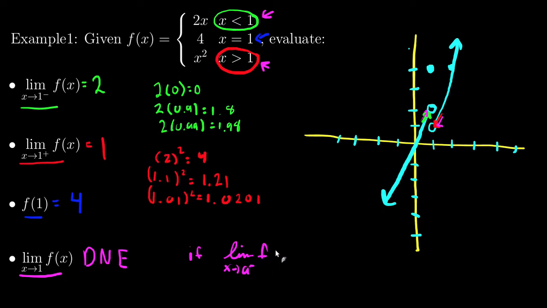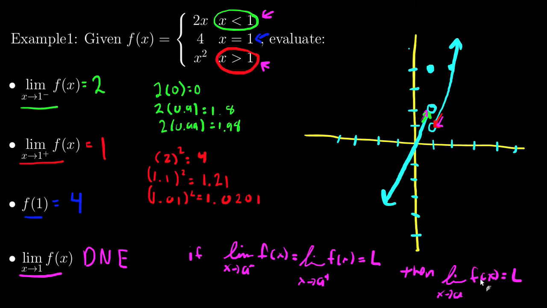Left-hand limit is equal to the right-hand limit, then that will be the overall limit. So the limit as x approaches a of f of x will also equal L.